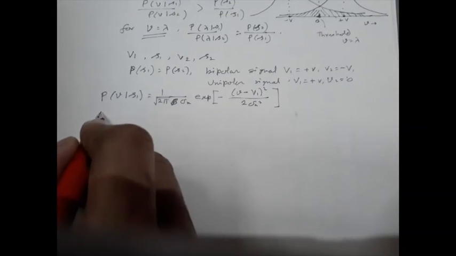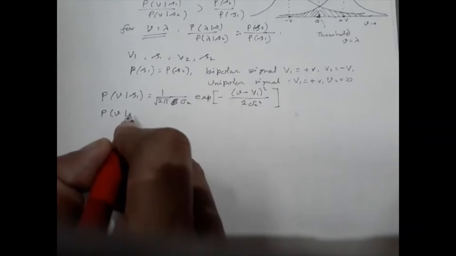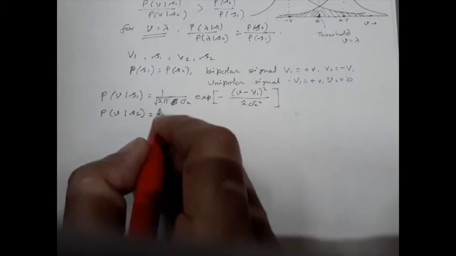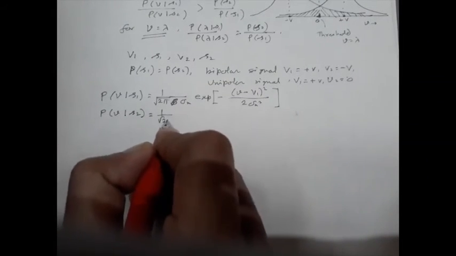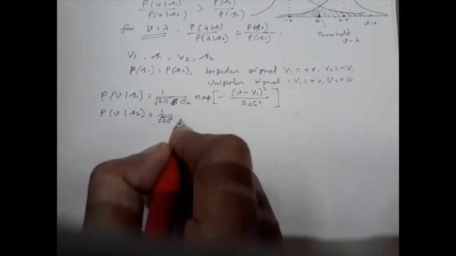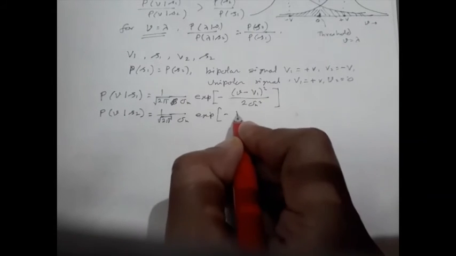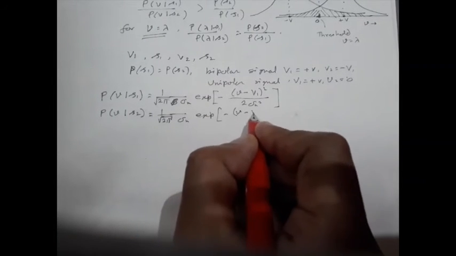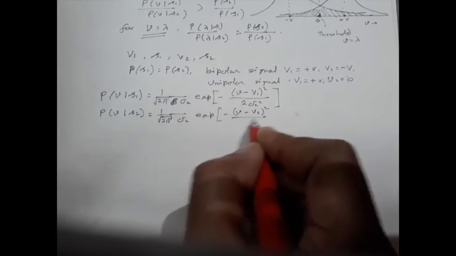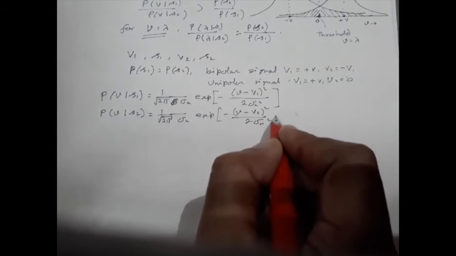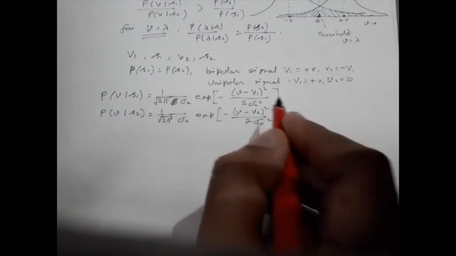This is for S1. Similarly, P(V|S2) can be written as 1 by root over 2 pi sigma_n, exponential of minus (V minus V2) whole square divided by 2 sigma_n square. This V1 or V2 are nothing but the average values.